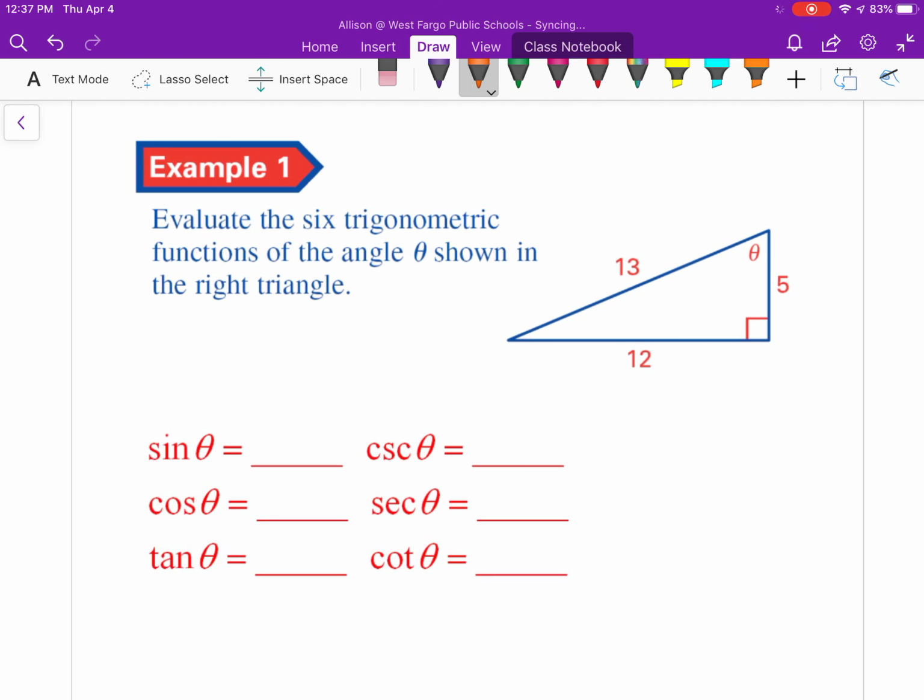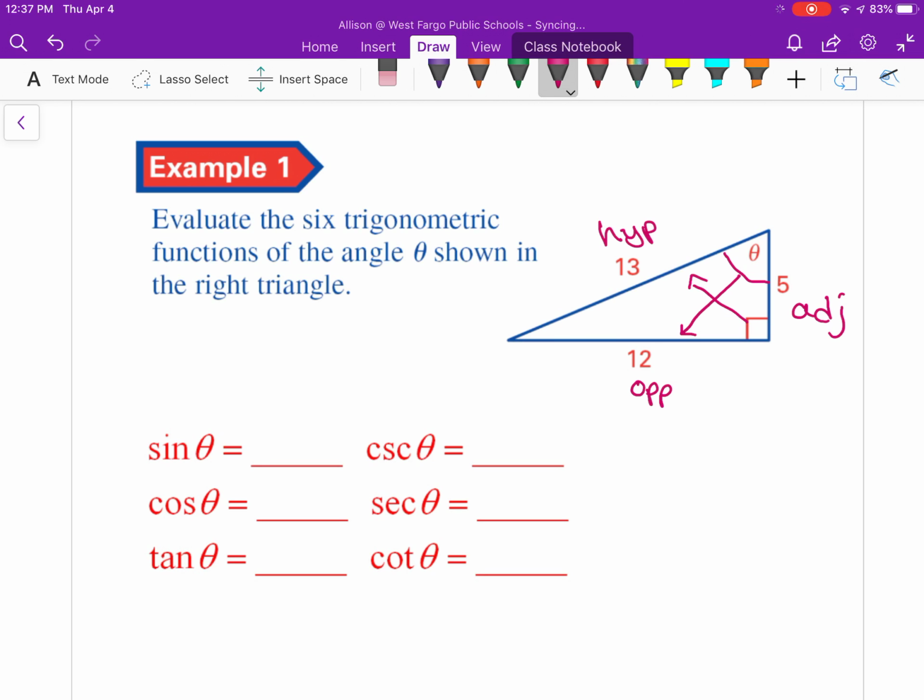So let's look at example 1. We're going to evaluate the 6 trig functions given this right triangle with side lengths 5, 12, and 13. So here's my theta. The side across from it is going to be my opposite. The side that's adjoining, or touching, is going to be my adjacent side. And then the side across from the right angle is your hypotenuse.